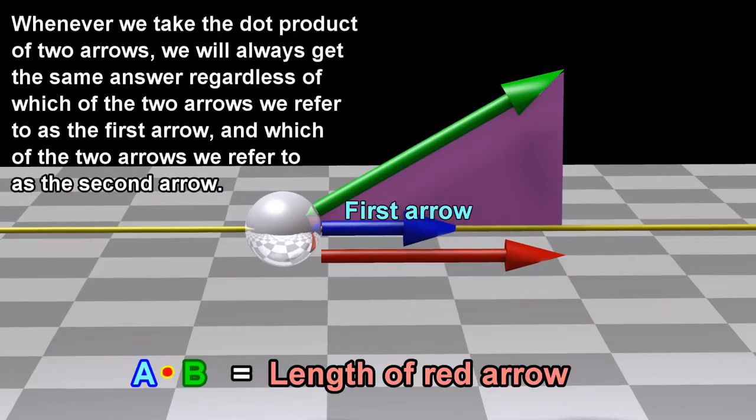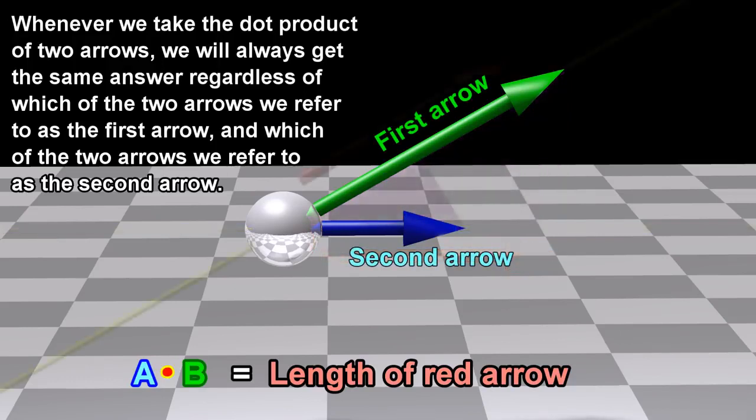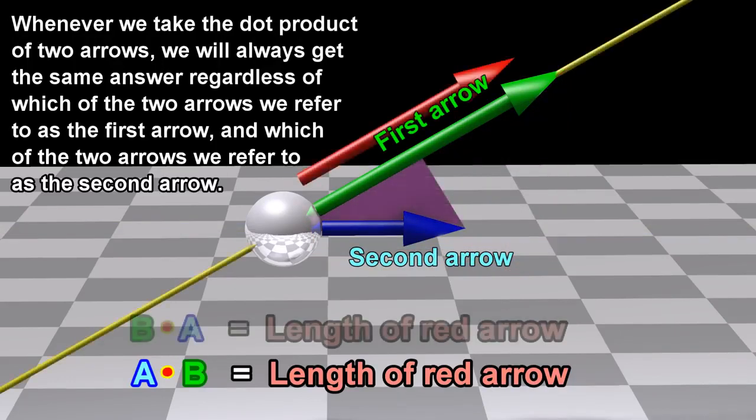Whenever we take the dot product of two arrows, we will always get the same answer regardless of which of the two arrows we refer to as the first arrow, and which we refer to as the second arrow.